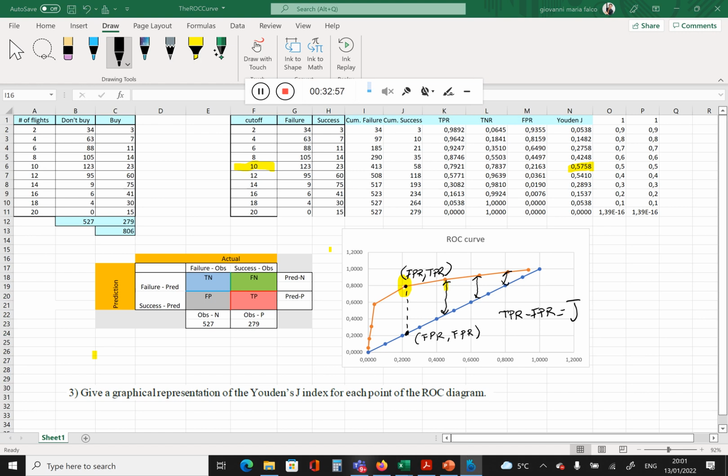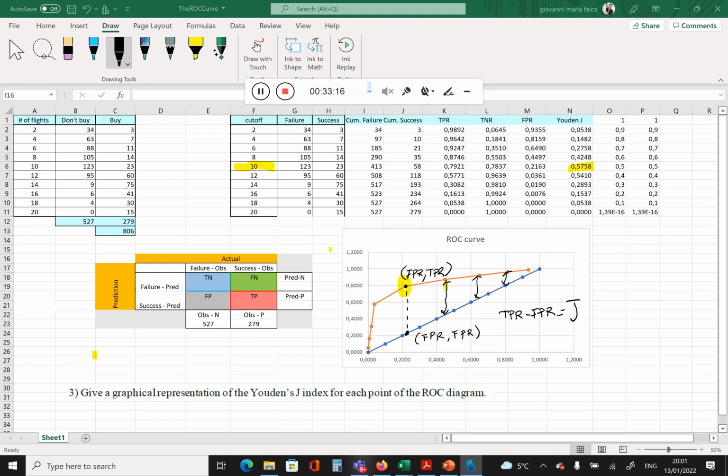So the ROC curve also gives visual access, I would say, to the cost-benefit trade-off for each value of the cutoff.